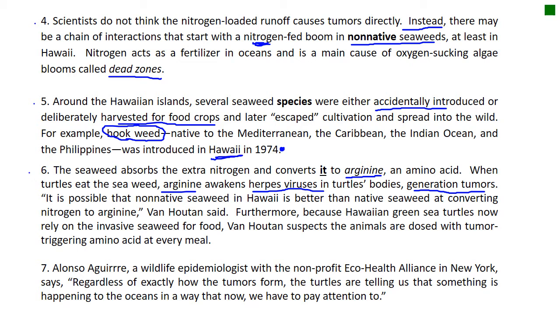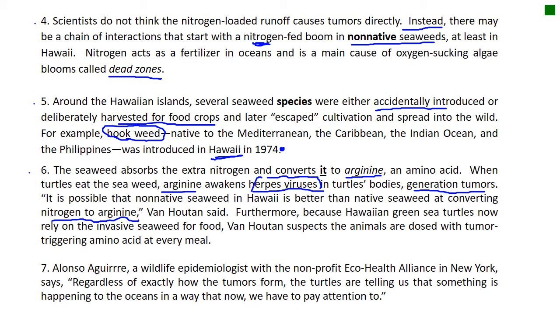It is possible that non-native seaweed in Hawaii is better than native seaweed at converting nitrogen to arginine. So the non-native ones convert nitrogen to arginine, which harms the bodies of the turtles, waking up the herpes virus, which consequently causes different types of tumors.